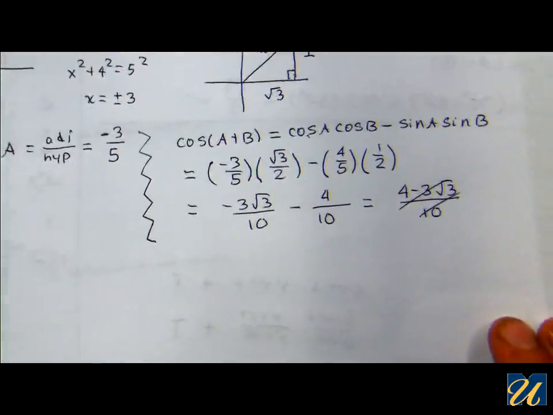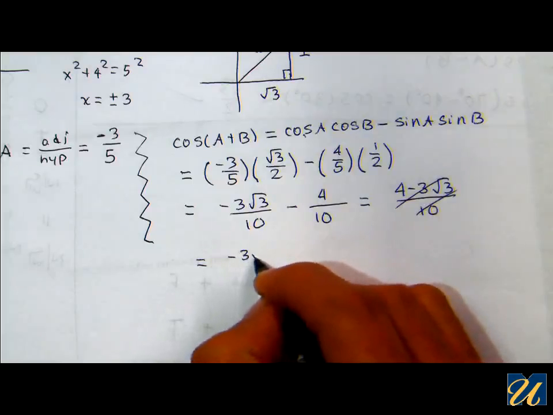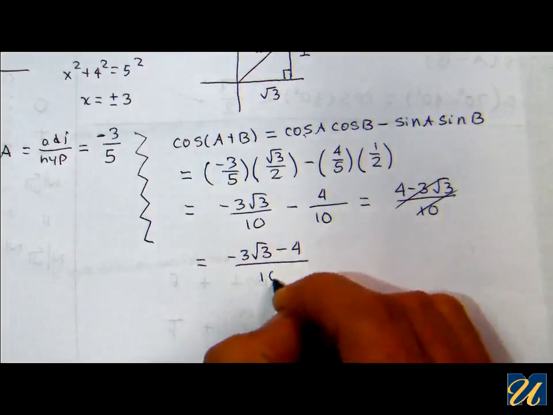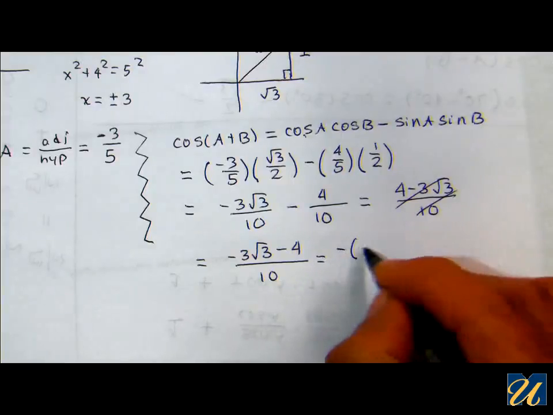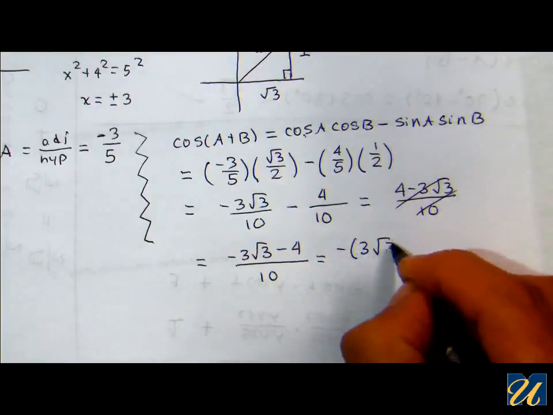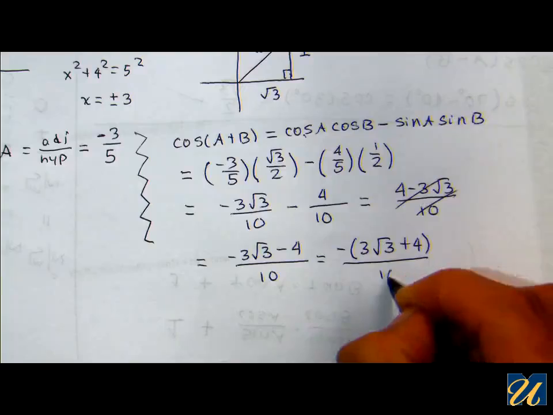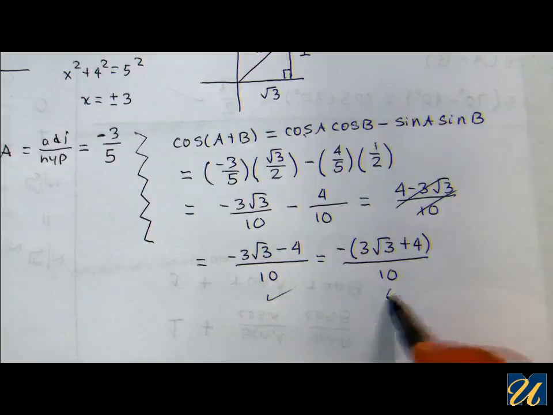They're both negative quantities right there. So let's do this again. Negative 3 root 3 minus 4 all over 10. Or if you wish, you could factor out a minus sign from the top and write 3 root 3 plus 4 all divided by 10 with a minus sign on the outside. So either way would be perfectly fine.